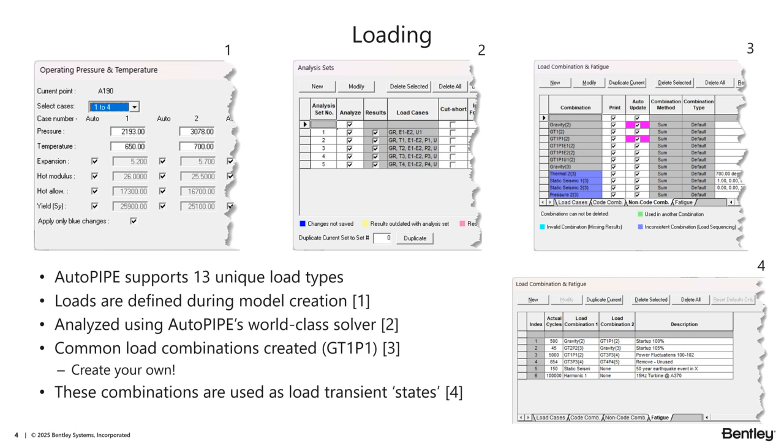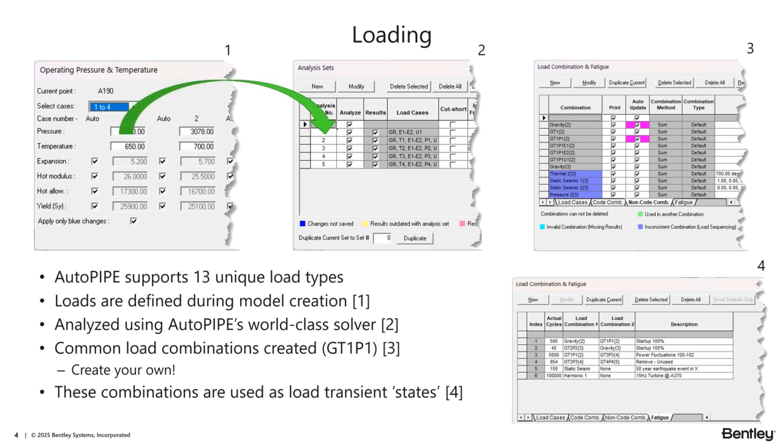Fatigue load transients are typically framed by 2 operational states known as load sets. For example, a 2 load set transient might range from a cold condition to a hot operating condition for your plant or component. In AutoPIPE, we define these operational states in this way. First, load cases like temperature and pressure are defined during the design process.